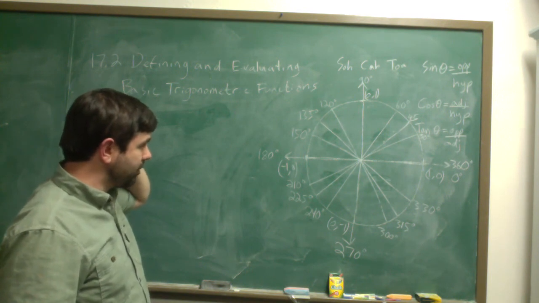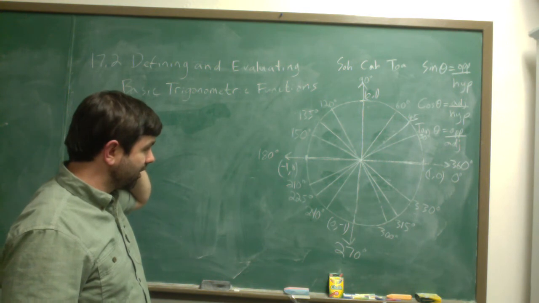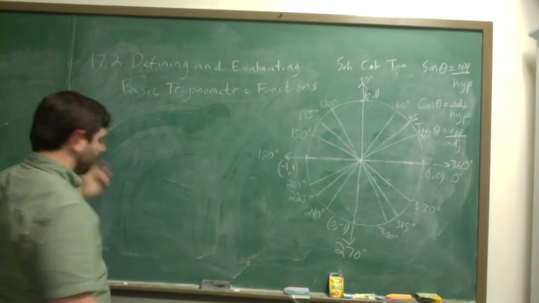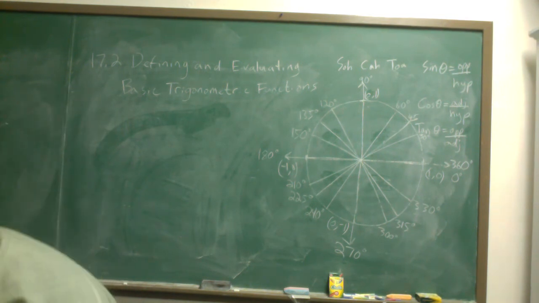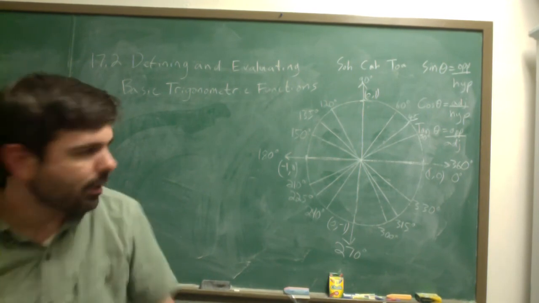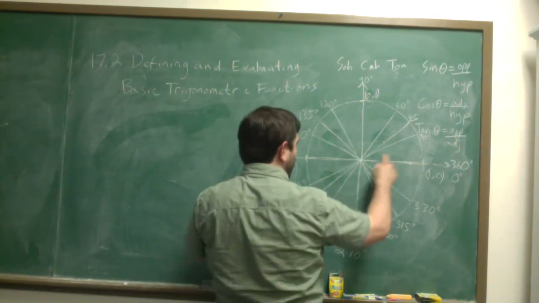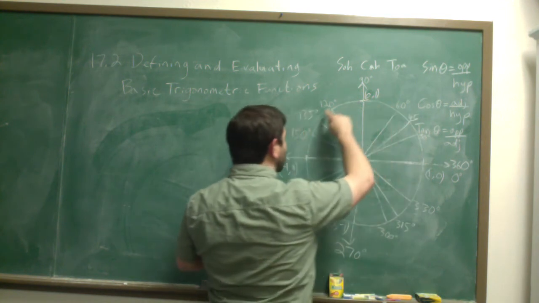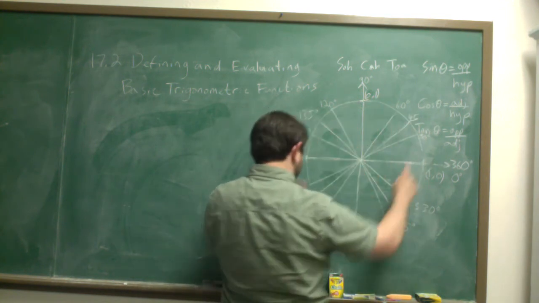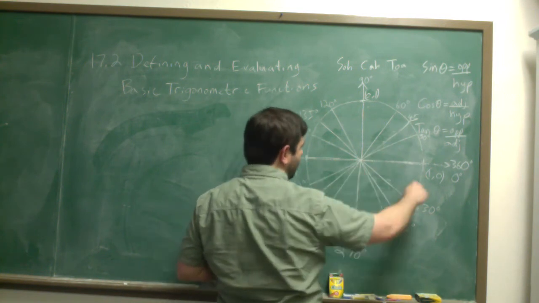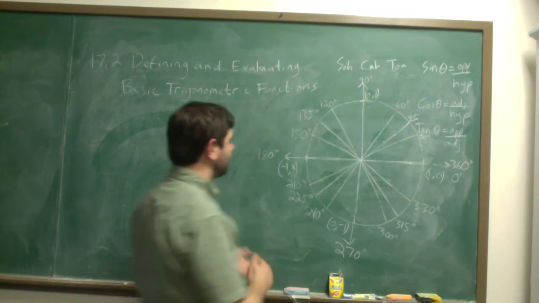Okay, so we also introduced something called radians. We learned about radians in 17.1. That's how many times a radius, this length, will fit around the circle, and it'll fit 2 pi times, which is about 6 plus a little bit more times around the circle.